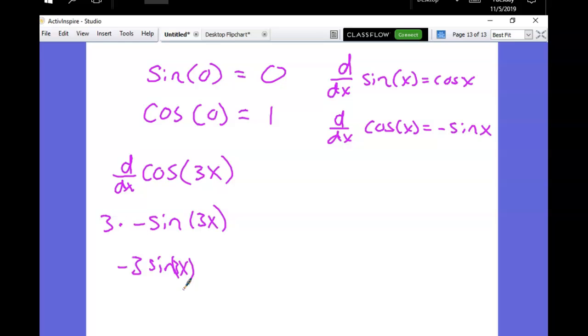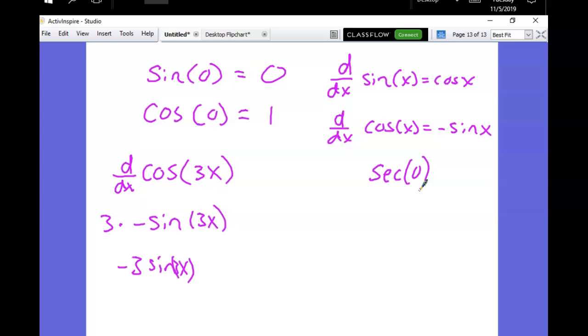What else should I throw at you guys? This one's going to come up too. What is, let's say, secant of 0? Well, secant is what?